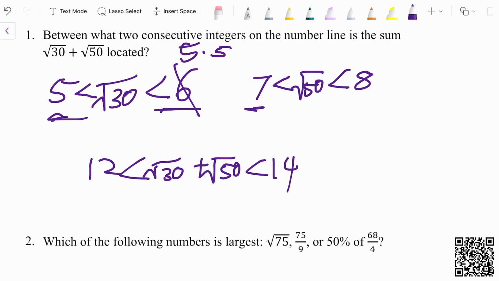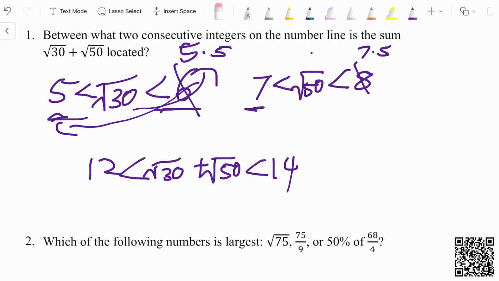This way you know that it's less than 5.5, but still greater than 5, so now it's within the smaller region. We do the same over here with 7.5. If we use 7.5, that squared is 56.25, that still squishes us a little bit smaller, so 7.5 is now here.